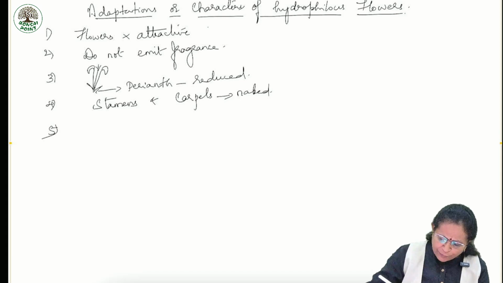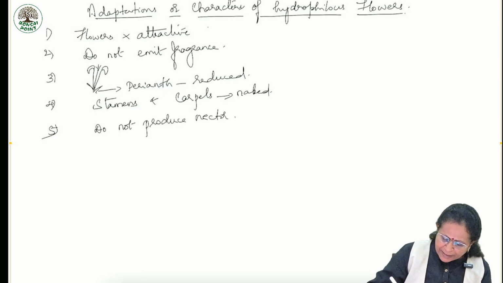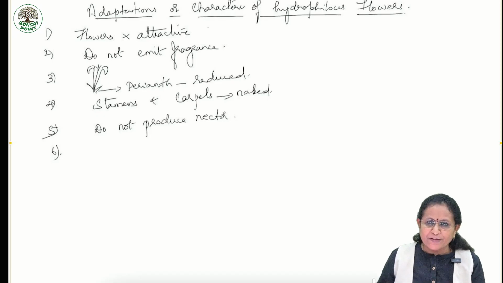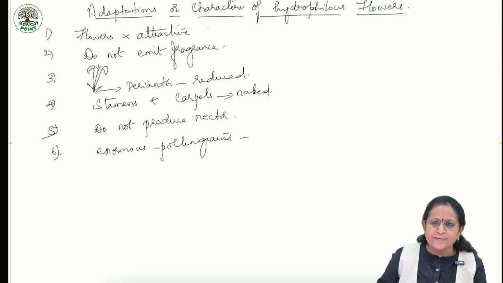Yes, these hydrophilous flowers do not produce nectar. Just a few minutes back I told you about anemophilous flowers, isn't it? What did I say? Enormous amounts of pollen grains are produced. What for? To compensate the loss.